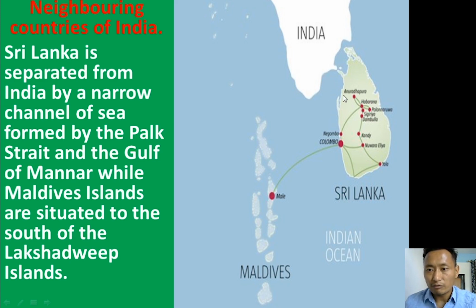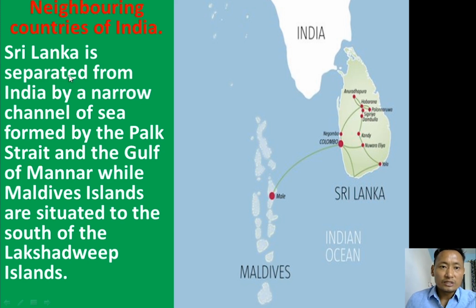Mannar is a district or city in Sri Lanka, so the name of the gulf is Gulf of Mannar. A gulf means a water body that is surrounded by landmass on three sides.